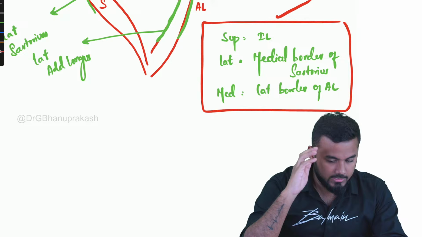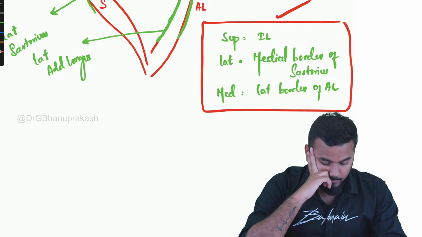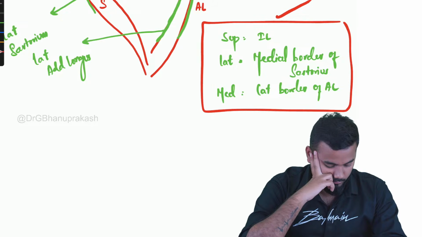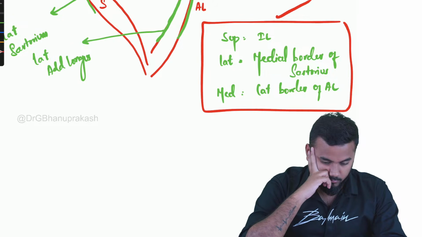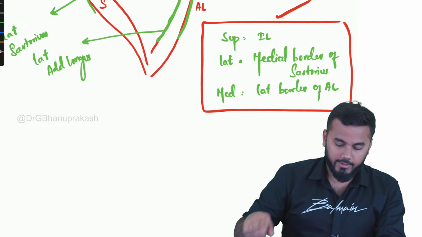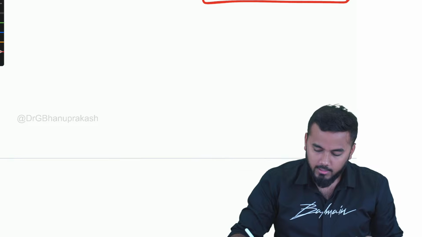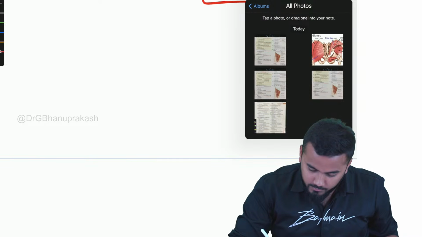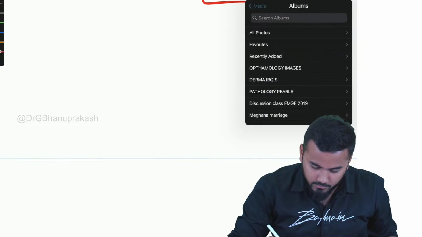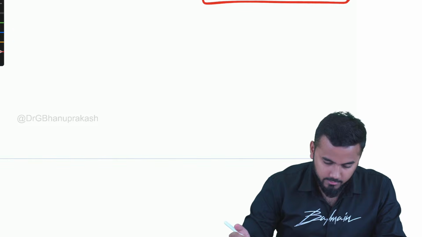I'll explain what is gyrop's muscle. I'll explain you, but tell me, did you understand all this? Very good. Now look here. Look here, one last thing. Give me a second.